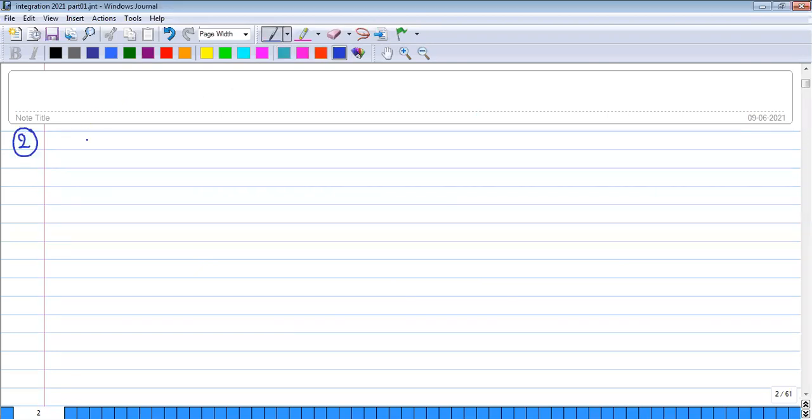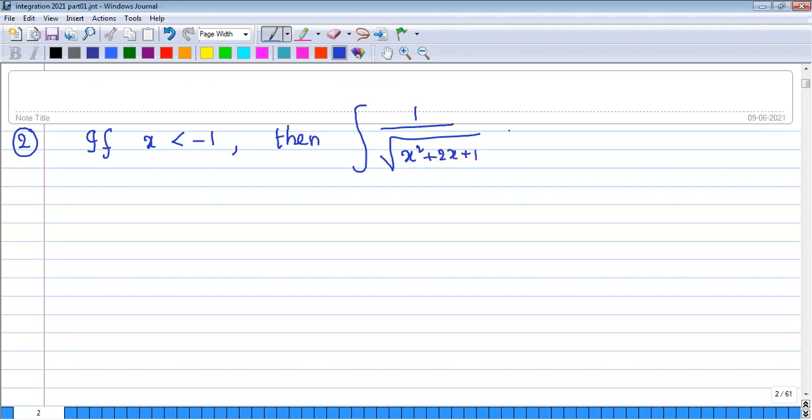Second question. If x less than -1, then integral 1 upon under root of x square plus 2x plus 1 dx equals to, first option: log mod x plus 1 plus c.